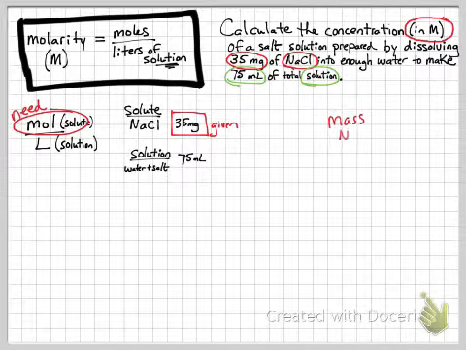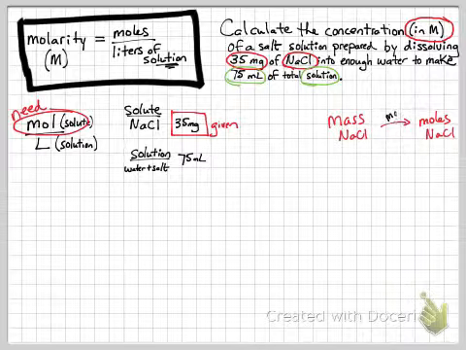Well, we know that we can convert from a mass of a substance to moles of a substance, like sodium chloride, using the molar mass, right? Because that is in units of grams per mole. So I can convert from a mass of sodium chloride in grams to moles of sodium chloride using molar mass.